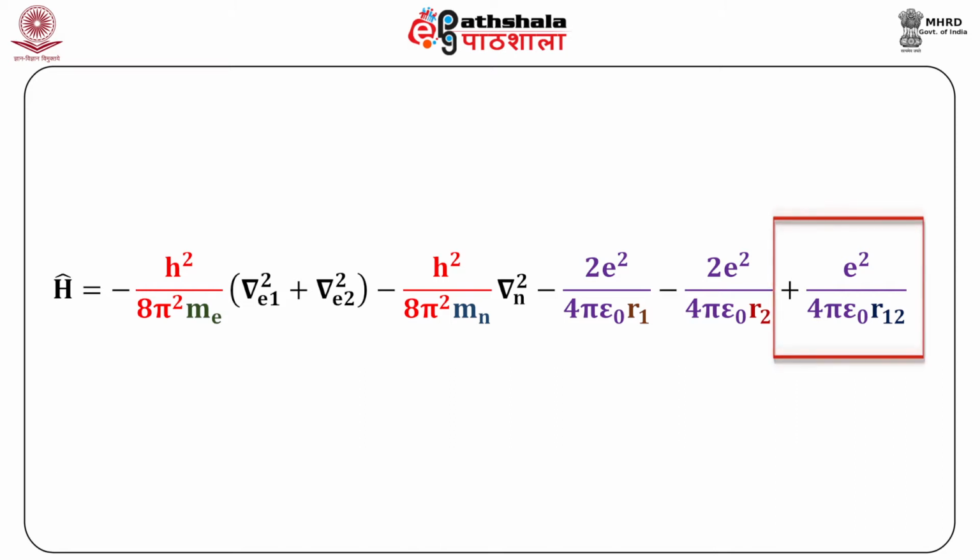And the last term in this equation is the electron-electron repulsion term, and that is e² upon 4πε₀r₁₂. Here r₁₂ is the distance between the two electrons, and as you can see, this term has a positive sign.